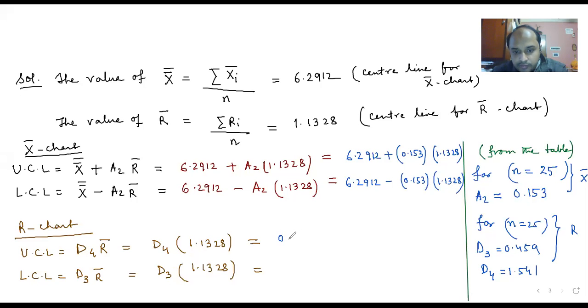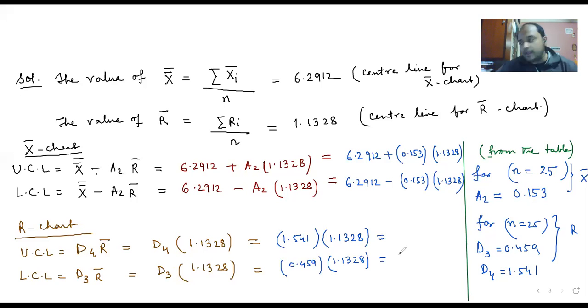Here I'm going to write 1.541 because this is the value of D4, which will be multiplied by 1.1328, and here 0.459 will be multiplied by 1.1328. Okay, so let's calculate the values. You also calculate the values by yourself so that we can check it together.